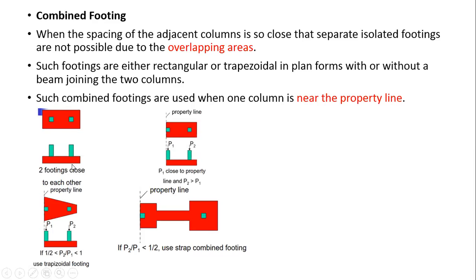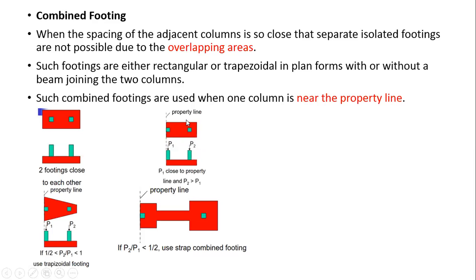Clear? Now, second case, suppose that if my one column is close to property line, suppose that this is property line, another property is there. Okay, so I cannot extend my foundation into the other property. So what I will do, I have to use my own area. Okay, so in that case, I will connect this column and this column with one footing here.